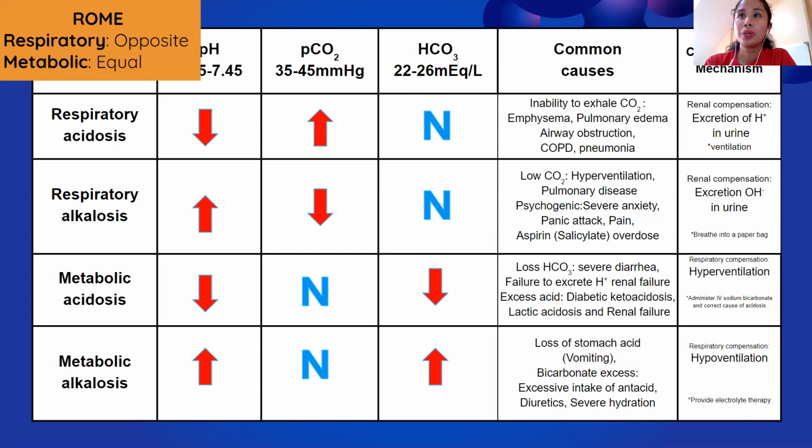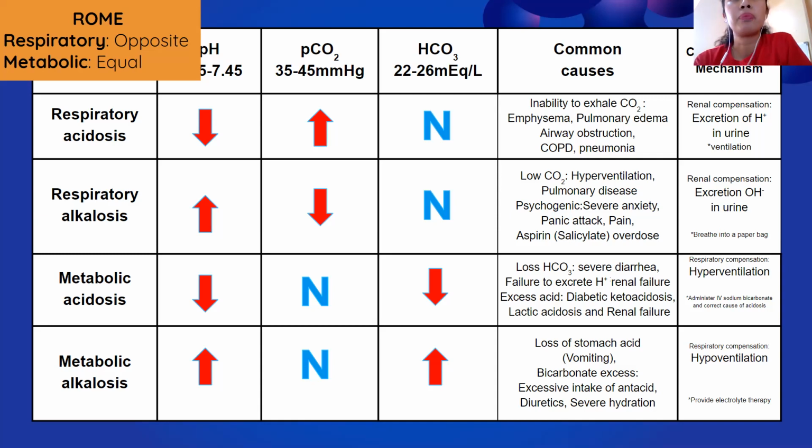Okay? So, what are the compensatory mechanisms for respiratory acidosis? Your kidney kicks into action by excretion of hydrogen ion, and the doctors can perform ventilation to the patient, or attach the patient to a ventilator to facilitate the exhalation of carbon dioxide.